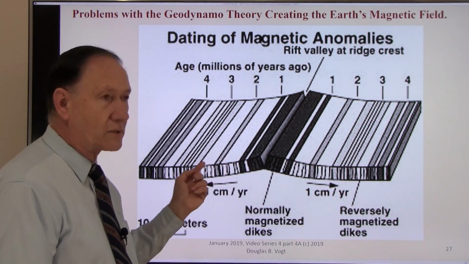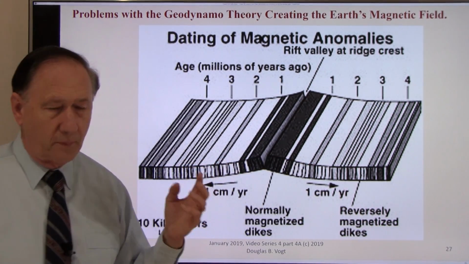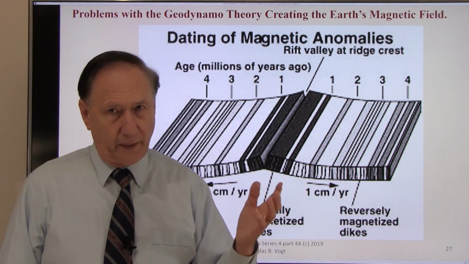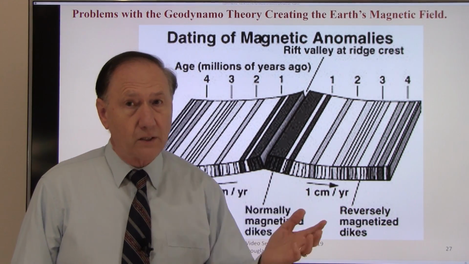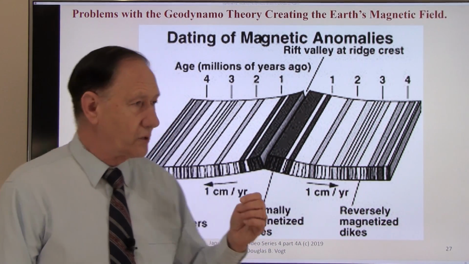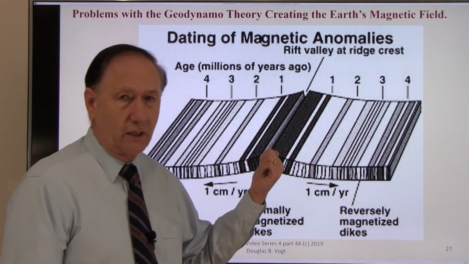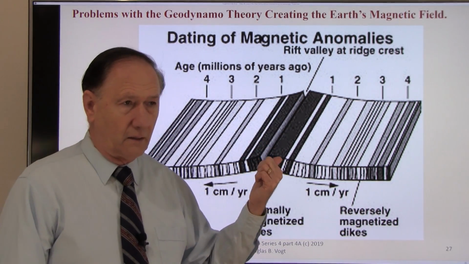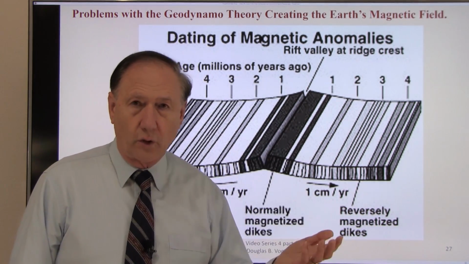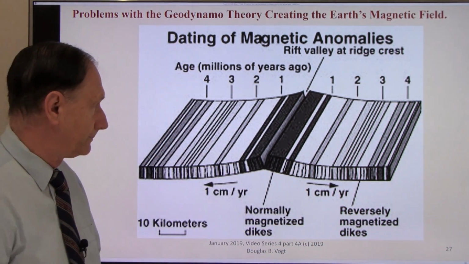And they know they're more or less even. The problem again is when it goes down to 20 or 30,000 gammas, it's hard to pick up. So they may miss some. Doesn't mean it's not there. It just means it's too faint. Also, the variable is how much iron is in the magma, so that it actually stores a magnetic reversal.